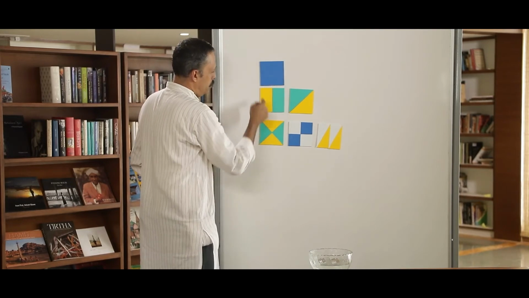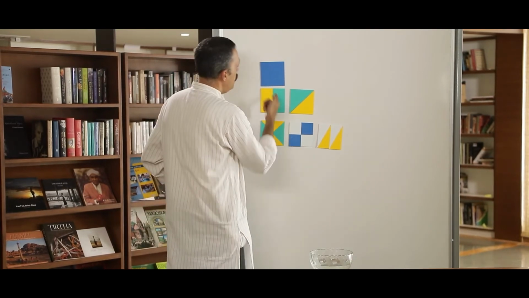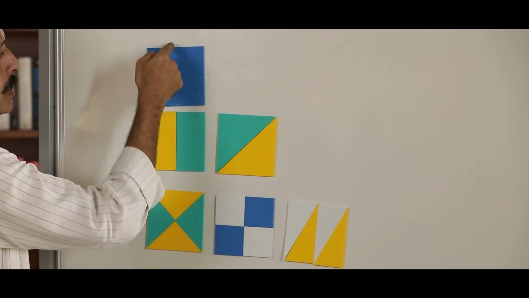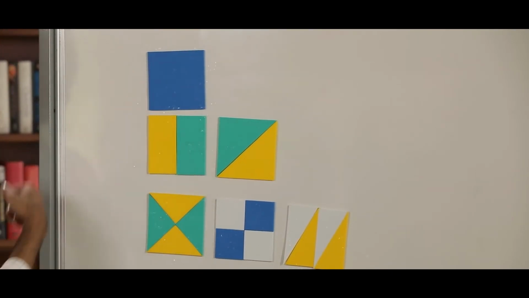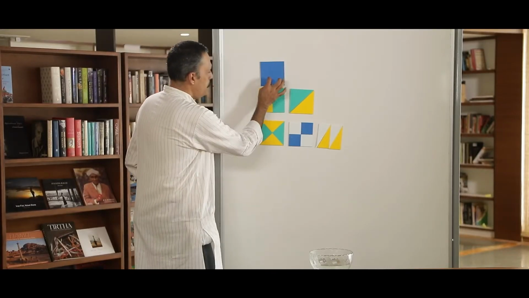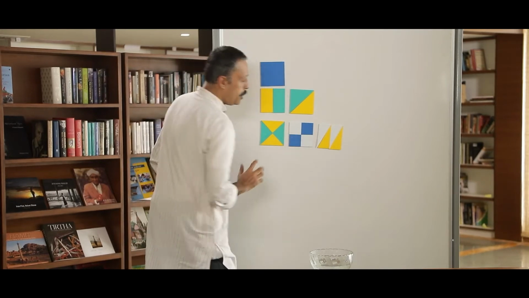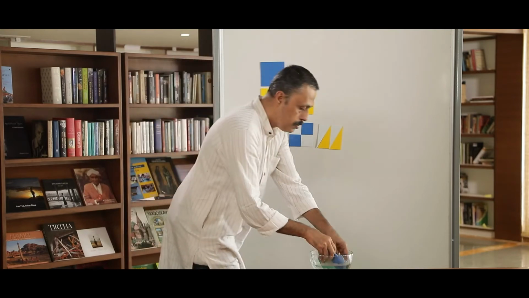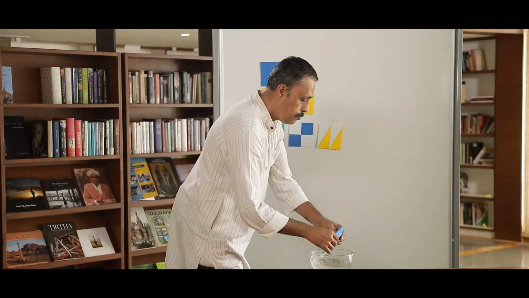If I cut it diagonally, I get it like this. And in a different way, I get different shapes, as we can see here. So, this way, one full object can be split into different portions. Now, look at these three equal parts.